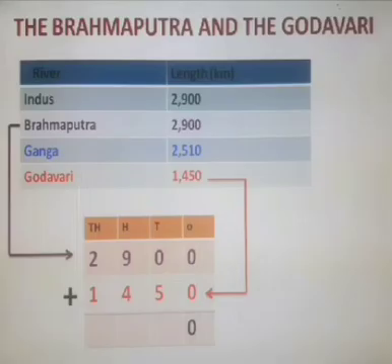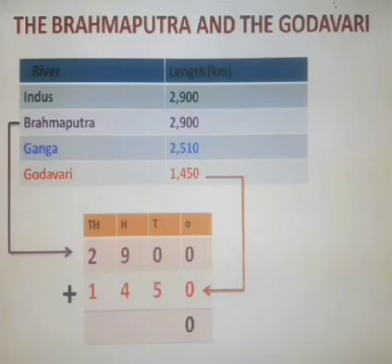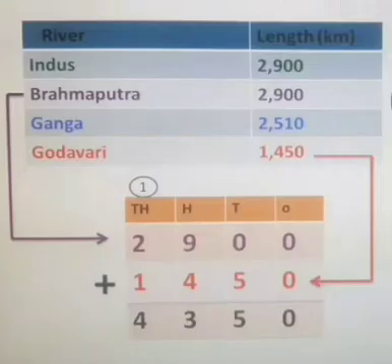Similarly, we will find out the length of second group of rivers, that is the Brahmaputra River and the Godavari River. For that, we will write length of both the rivers in their correct place value columns. Here, the length of the Brahmaputra River is 2900.